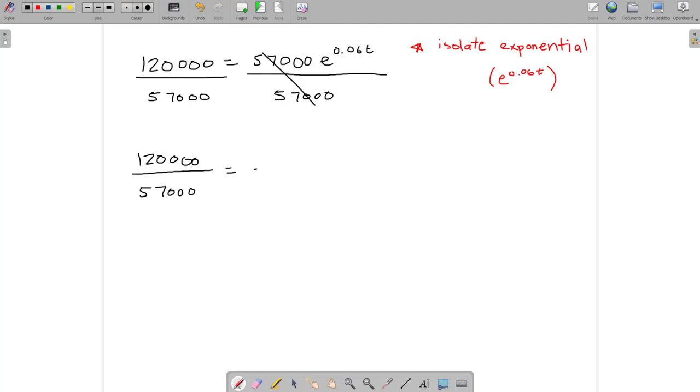So, yeah, I would probably just leave it like this for the time being. And then we have e to the 0.06t on the right-hand side now. So, we want to bring this power down, which means we need to cancel out that e. So to get rid of the e, we need to take natural log of both sides of our equation.